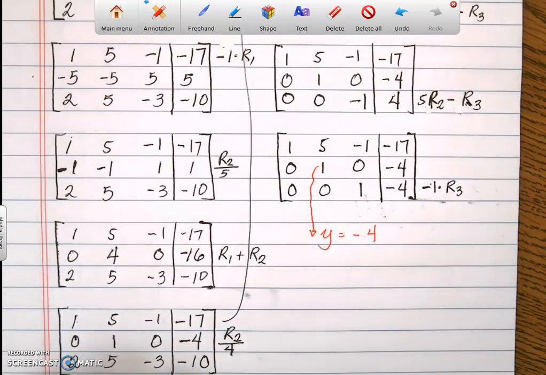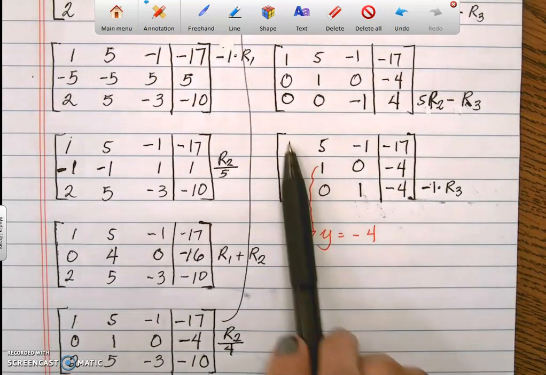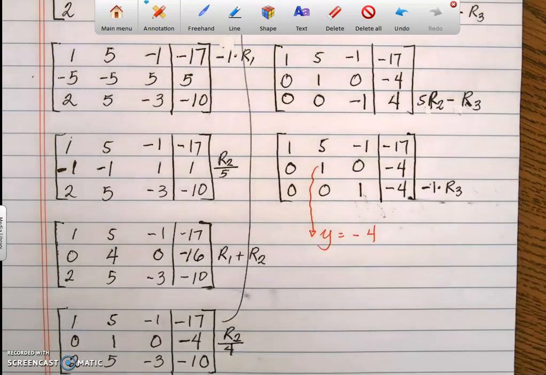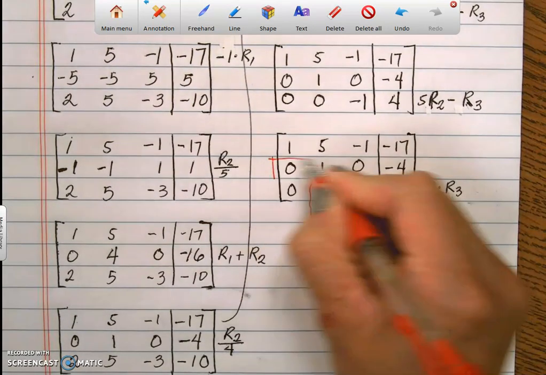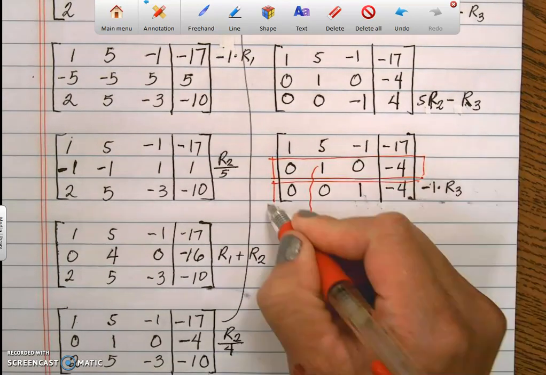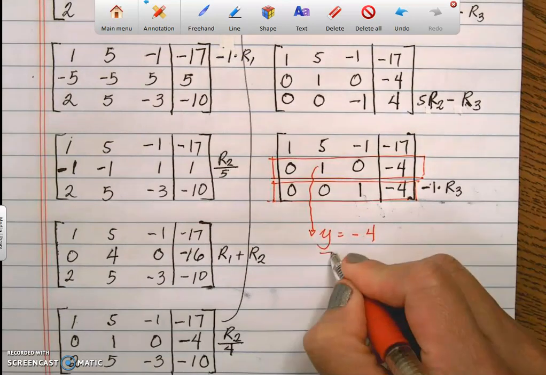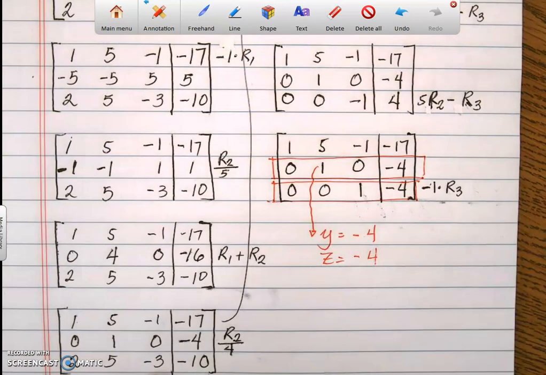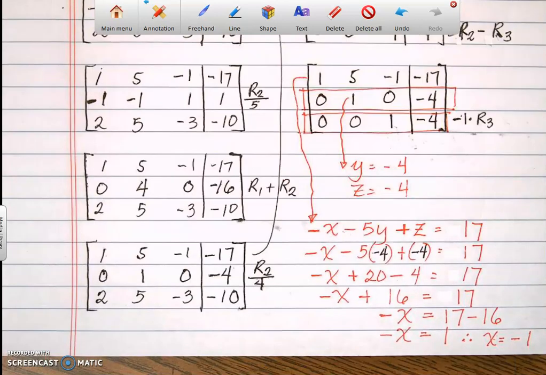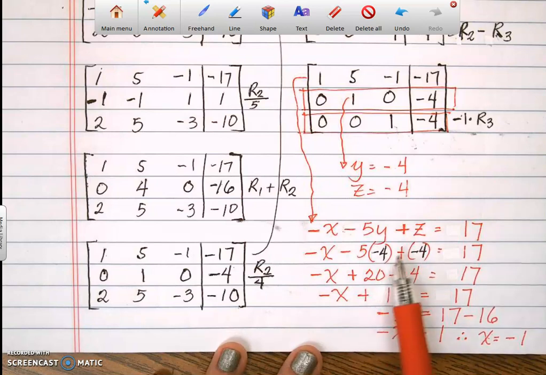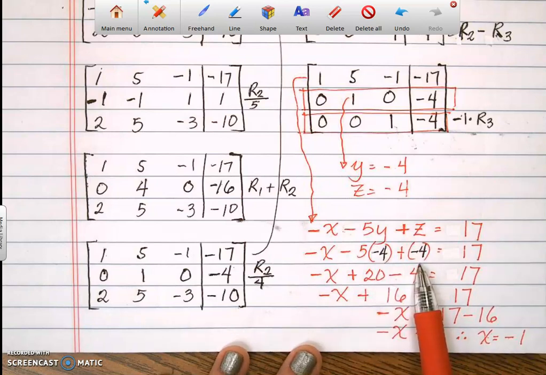Okay, guys, this part right here, actually, this is X, Y, and Z, okay? So this one right here gives us a Y of negative 4, and this one right here gives us a Z of negative 4. And the only thing we have to look for now is the X. All right, so for us to get the X, I'm just using equation 1, plugging in all my Y and my Z that I got.